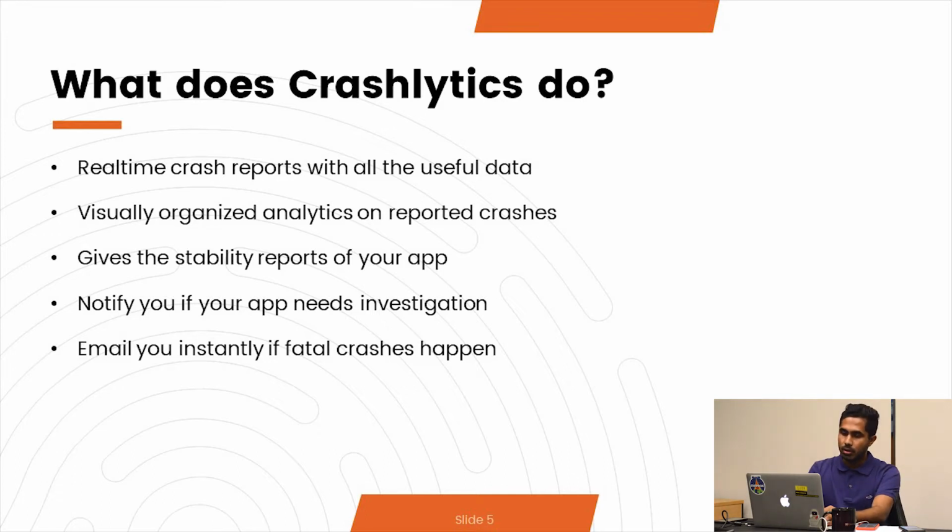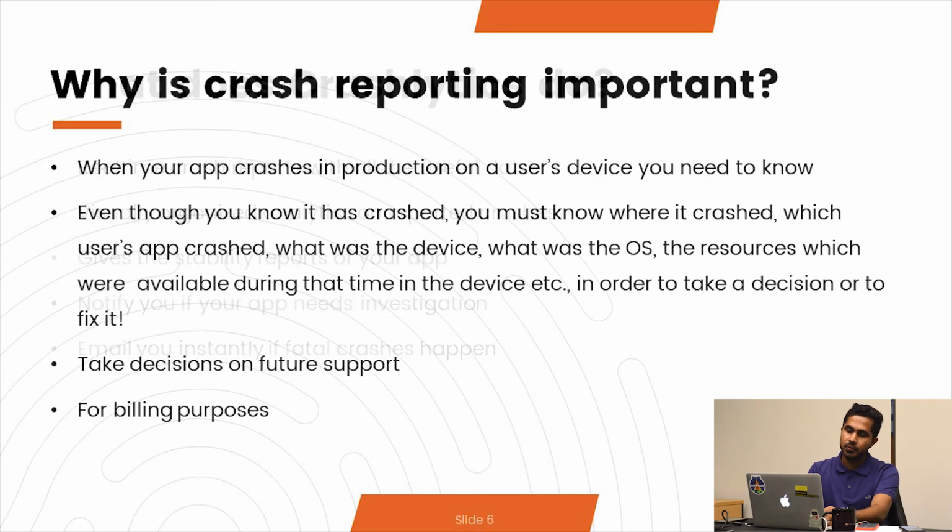It will notify you if your app needs an investigation, like if your app crashes all the time over a period. Also, if there are fatal crashes, it instantly notifies you via email. That's basically what Crashlytics does. And guys, why are crash reports important?